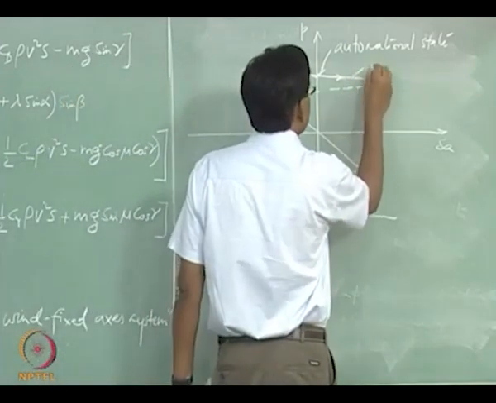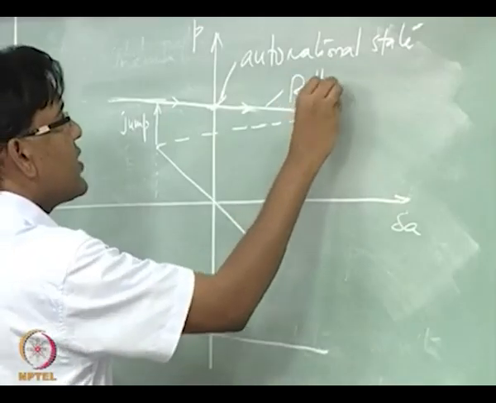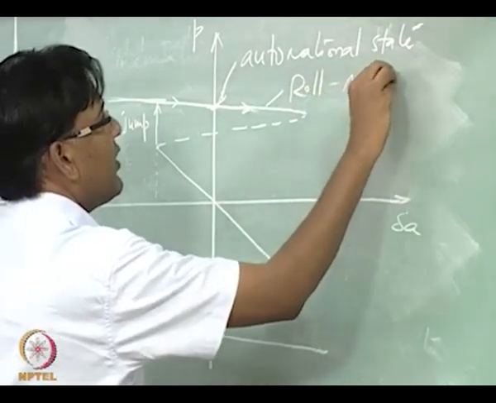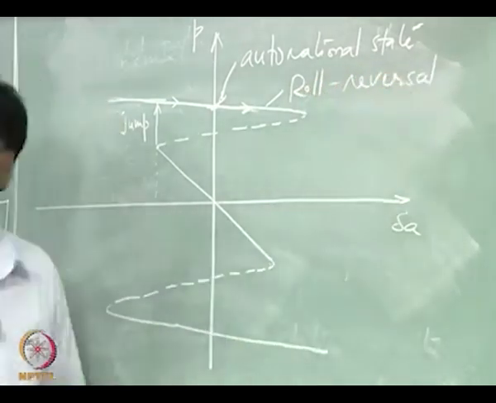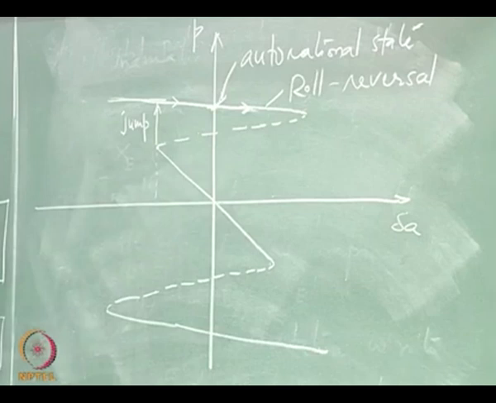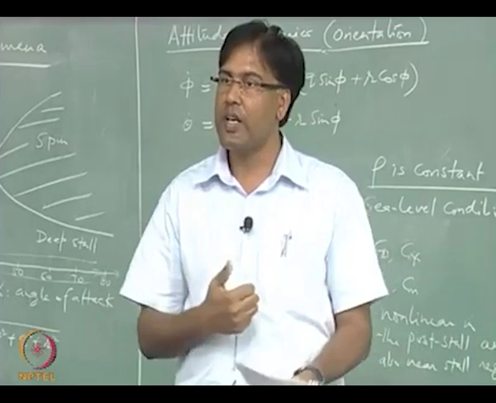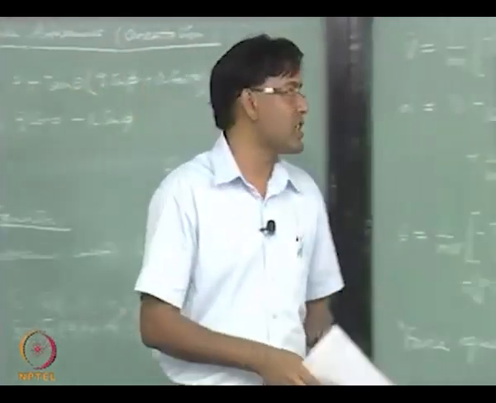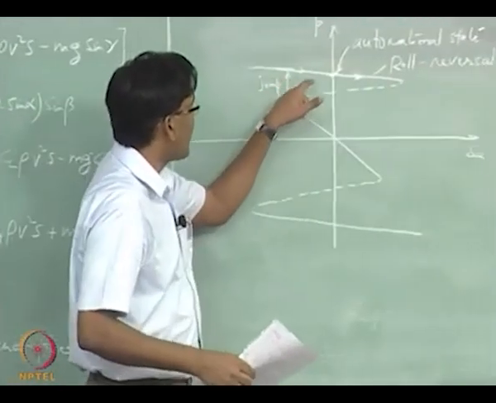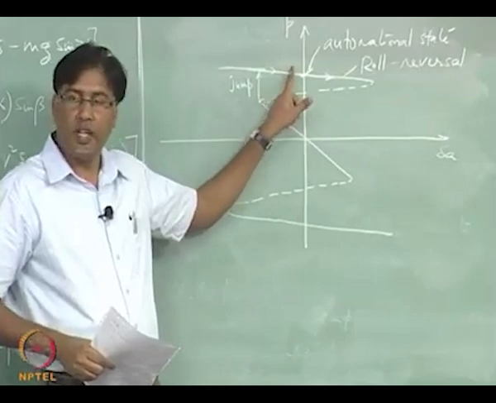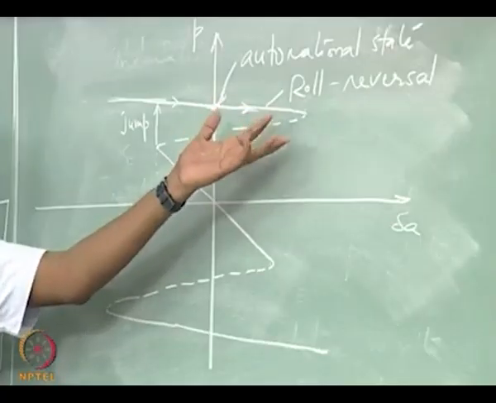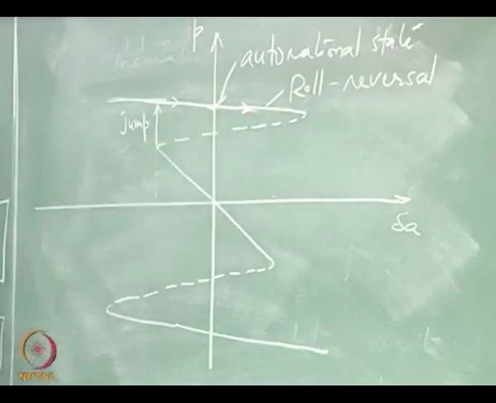So there is a condition which is called roll reversal which is taking place. So I am expecting negative aileron to give me positive roll rate and positive aileron to give me negative roll rate, but here what is happening, because of this non-linear condition, I am seeing a positive aileron is giving me positive roll rate, and that is called roll reversal, right.